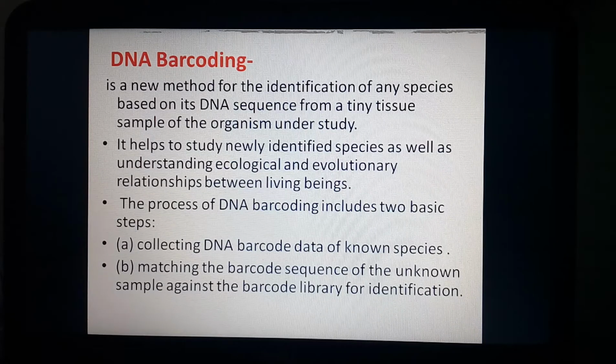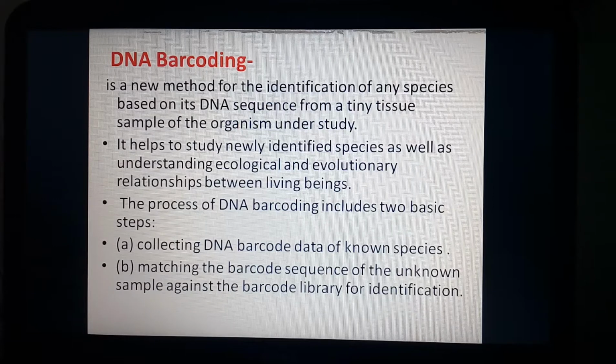Once we have collected the DNA, we go for collecting the DNA barcode data. Now we have two sets of DNA barcode data.